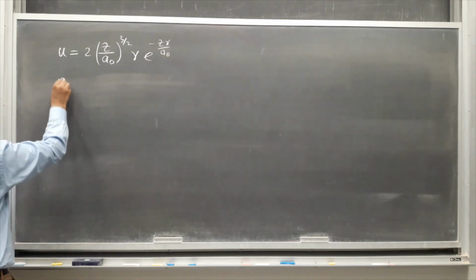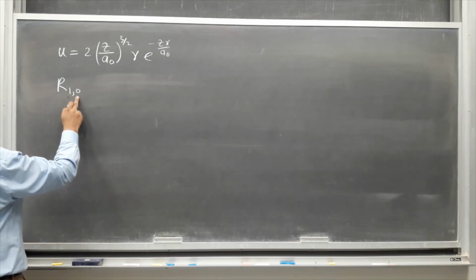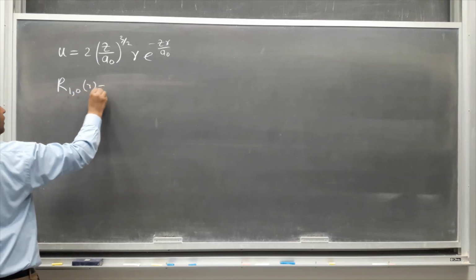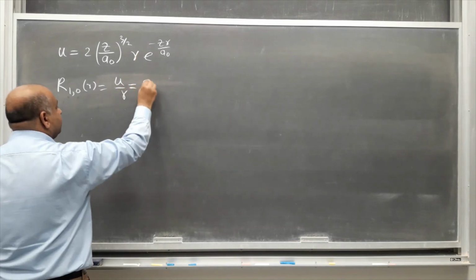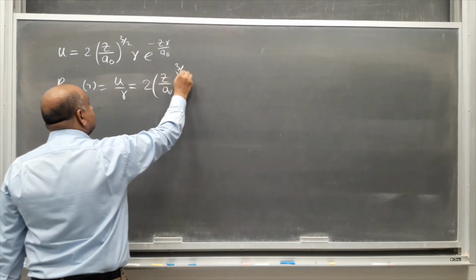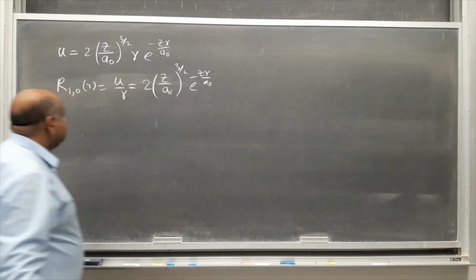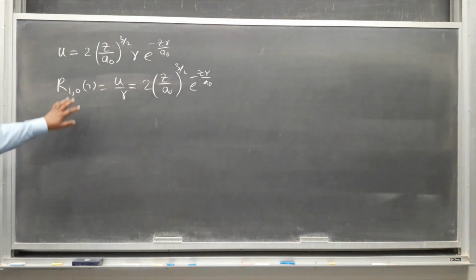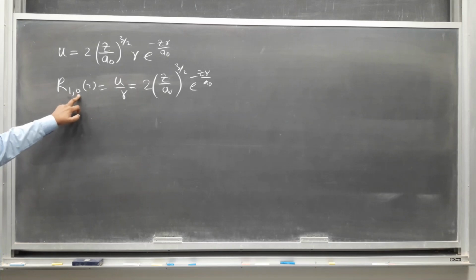And now R_10, because n is 1 and L is 0, of R is nothing but U by R, so this R goes away, and we get 2Z over A naught to the 3 by 2, exponential minus ZR over A naught. So this is our radial function for n=1, L=0.